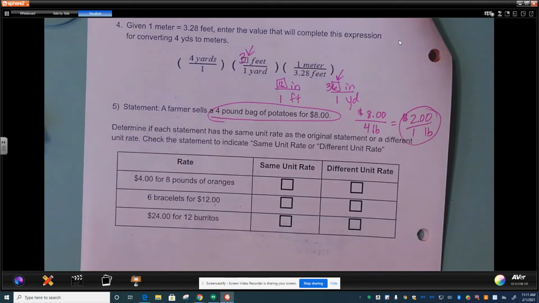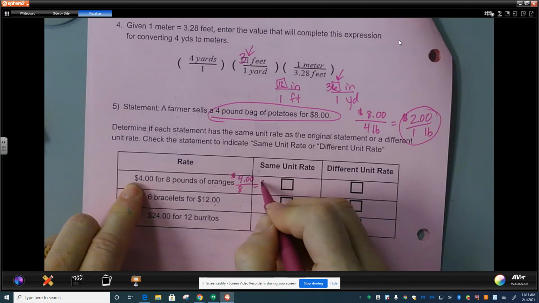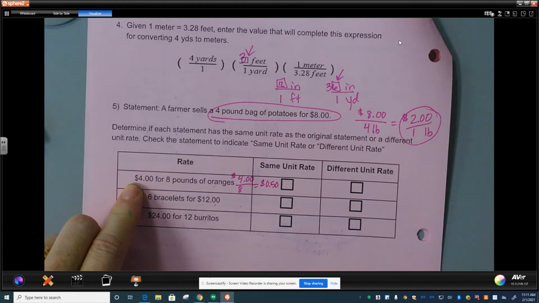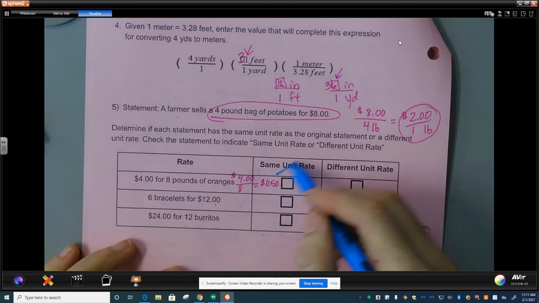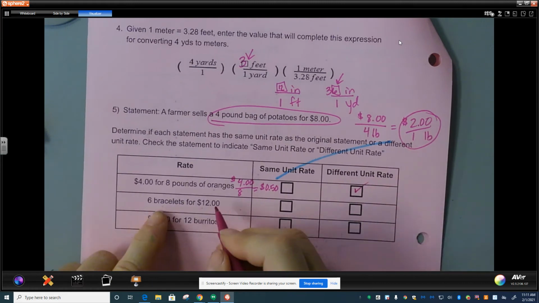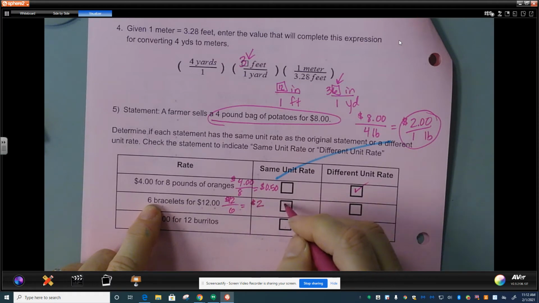So then you're doing the rest of the problems to decide if they're the same. This is $4 divided by 8. That equals 0.50 cents. Is that the same as this one? No, that is not the same. That's $2, that's 50 cents. This is $12 divided by 6, which I know equals 2. That's the same.